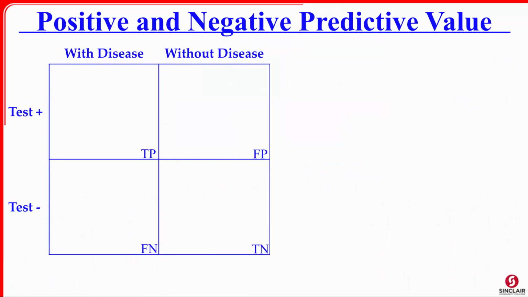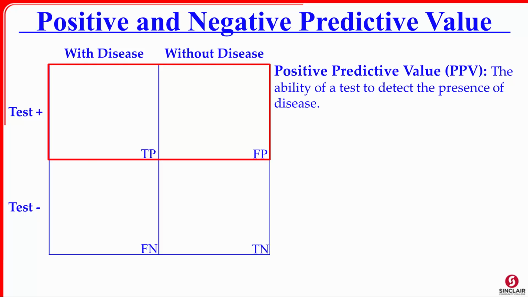Now let's switch over and talk about positive and negative predictive value using the same grid. Now, positive predictive value is the ability to detect the presence of disease. It measures the probability of having the disease when the test is positive.